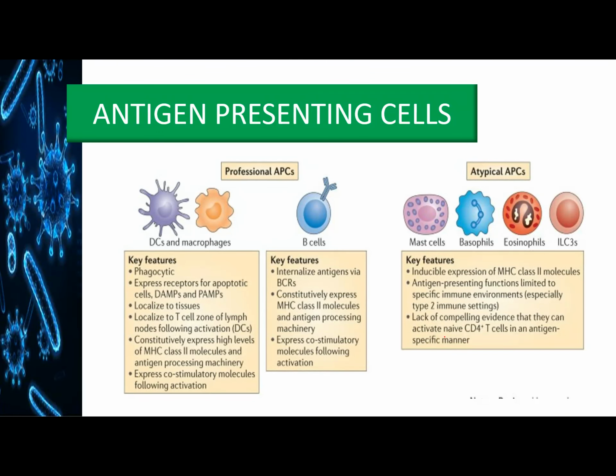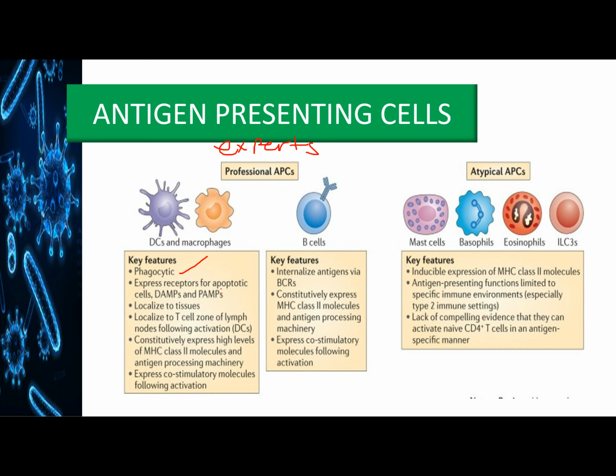Now, there are two types of APCs. The first one is the professional, while the second one is your atypical. When you say professional, class, they are the experts. They are the ones that would usually do this. The first one is your dendritic cells and macrophages. They are considered professional APCs. They are phagocytic.